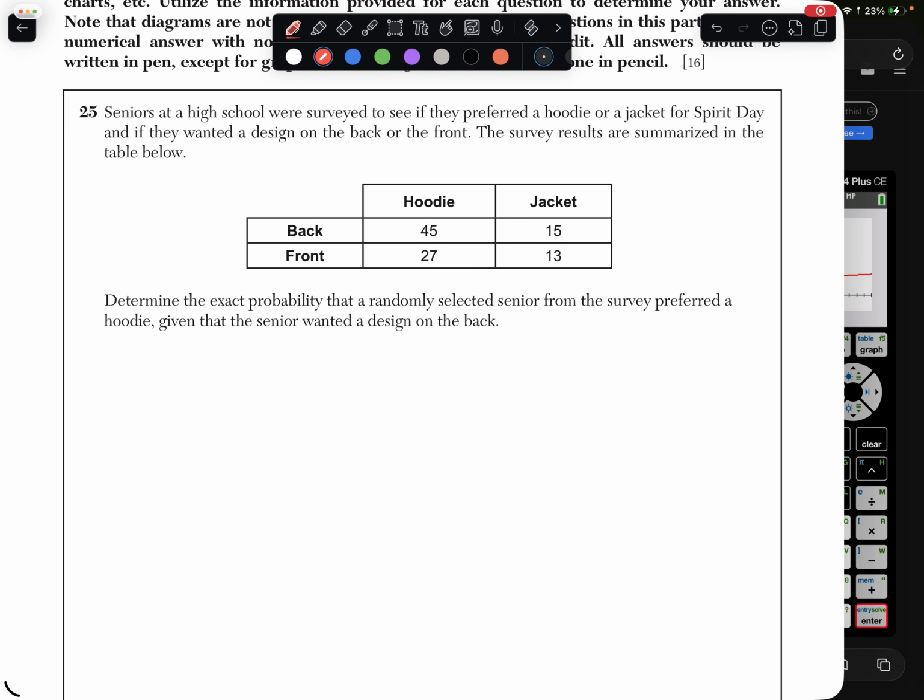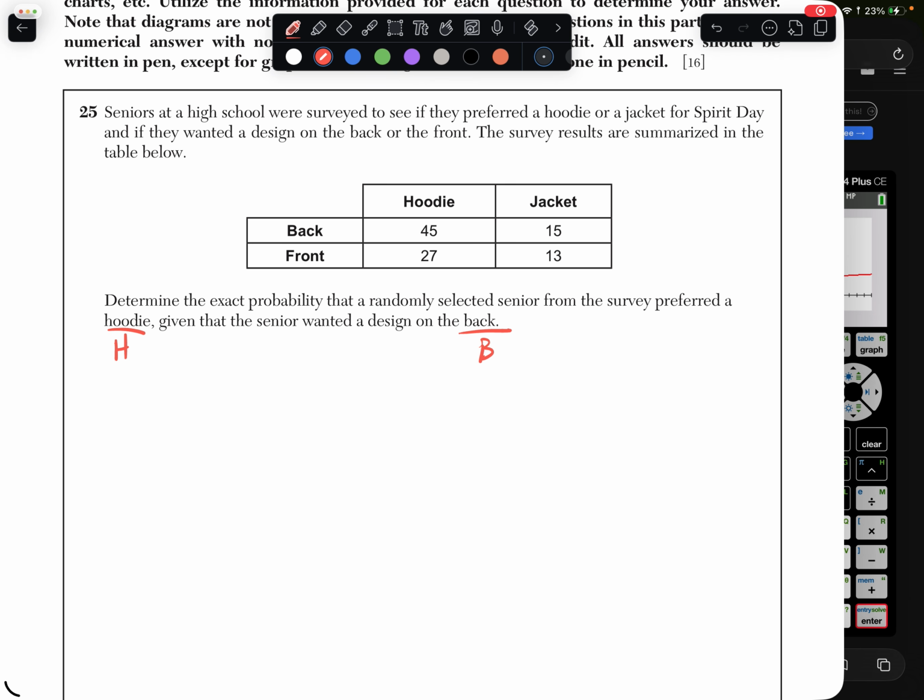So let's make that H. Given that the senior wanted a design on the back, let's name that B. So here we have a probability based on something that's given. The formula is, let me pull up.